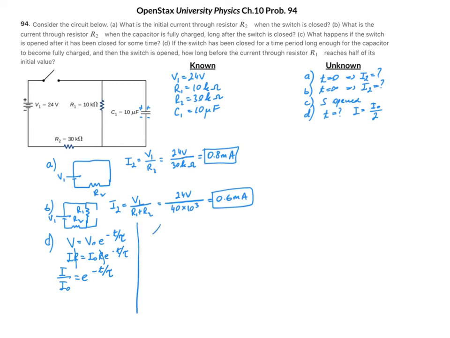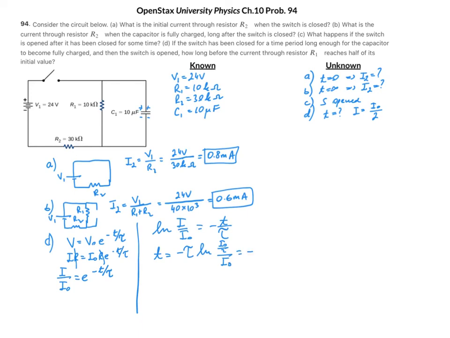So now if I take log of both sides, log of I over I naught is equal to negative t over tau. And I'm looking for the time. Time will be negative time constant times natural log of I over I naught. So I is I naught divided by 2.